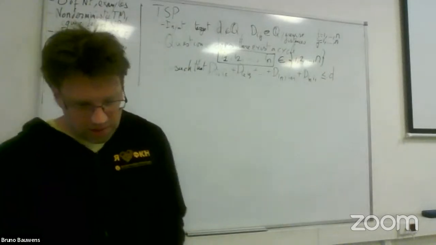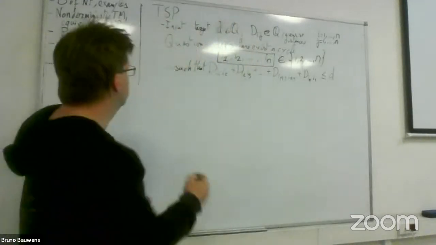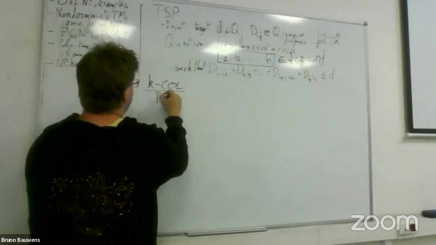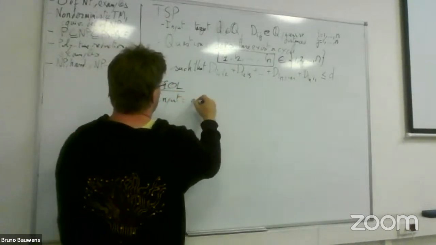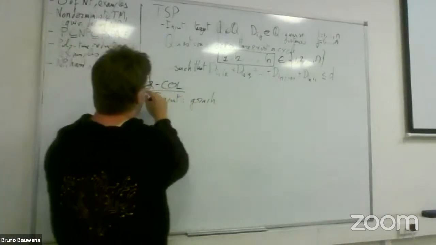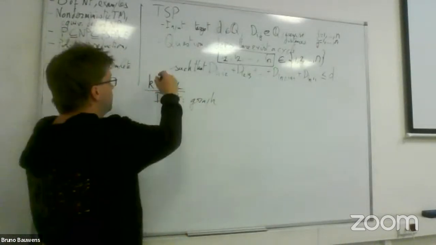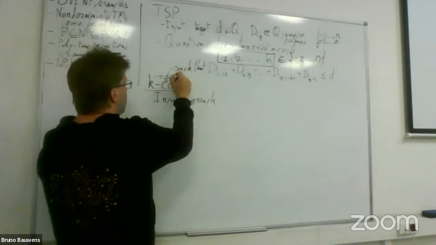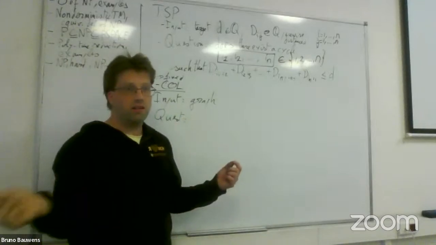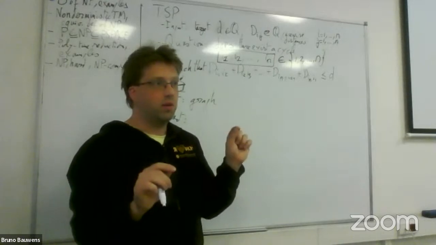Let's give a few more examples. K-colorability. Here the input is a graph, and K is not part of the input. The problem is called K-colorability, so K is fixed. The question is, can you assign to each node one of K colors so that no edge connects two nodes with the same color?